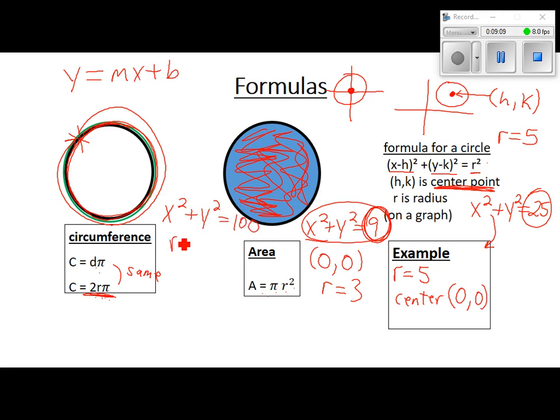That means the radius is the square root of that, which is 10. And the center point of the circle is going to be at 0, 0. So if we were to graph this, center point's at 0, 0. We go out 10 here, out 10 this way, out 10 this way, out 10 this way, and we draw a circle. That's what our circle would look like.